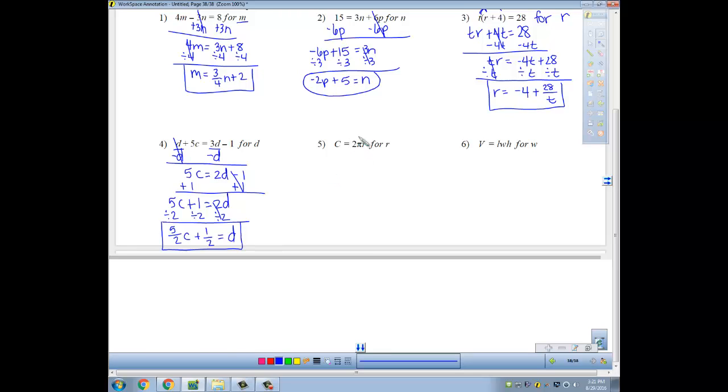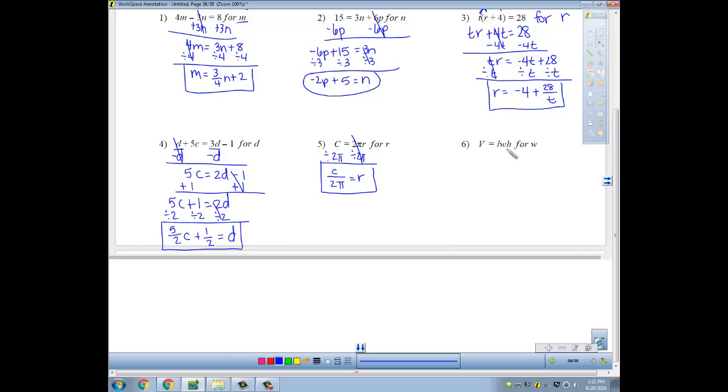So I need to move this 2 pi away from the r, so I'm going to divide by 2 pi on both sides. C divided by 2 pi is just c over 2 pi. And then these 2 pi's cancel, so it would be left with r. That type of question is very helpful if you are given a problem and they want you to solve for the radius. So you can already get the radius by itself and solve it that way.